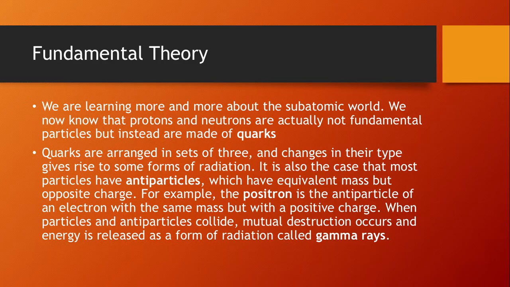This is the case where most particles have what's called antiparticles, which have equivalent mass but opposite charge. One example of an antiparticle is the positron, which is the antiparticle of an electron. Same mass, but it has a positive charge. When particles and antiparticles collide, mutual destruction occurs and energy is released as a form of radiation called gamma rays.